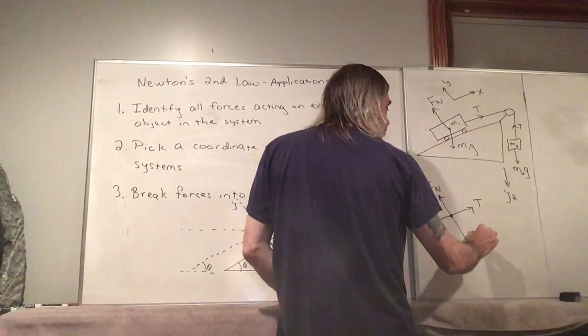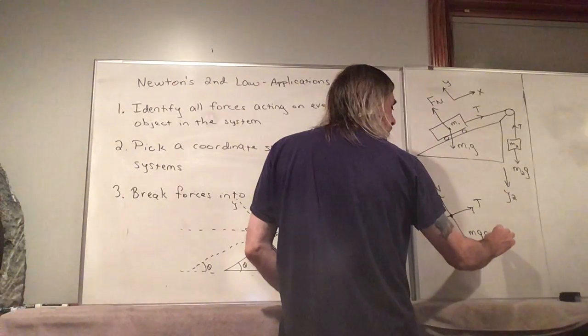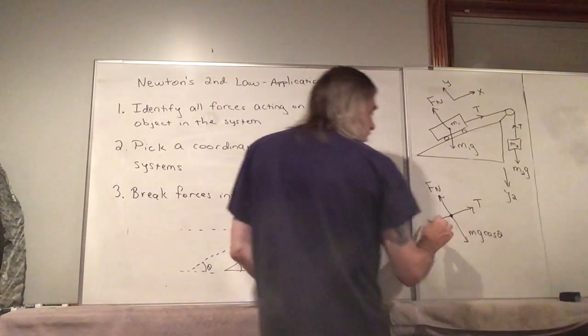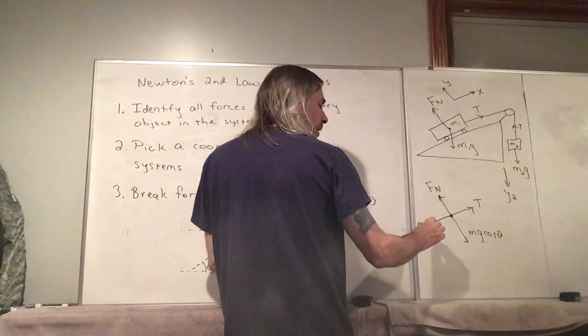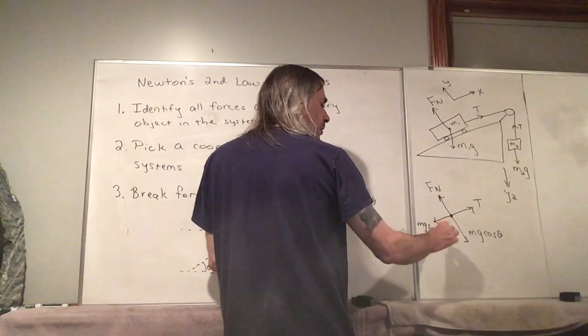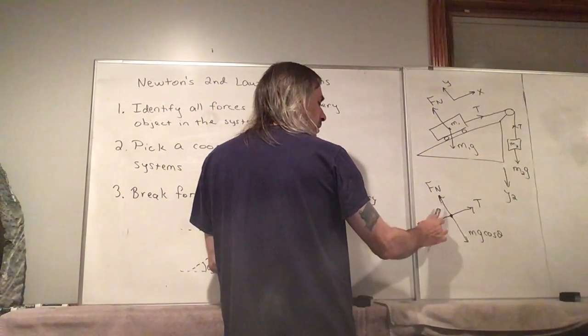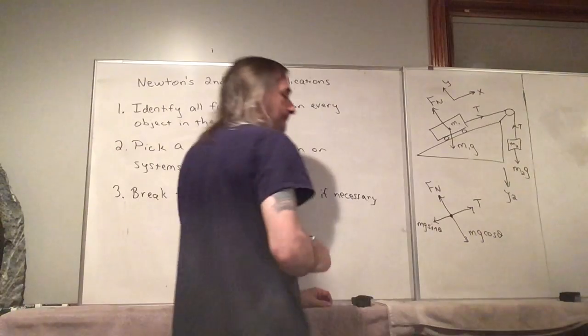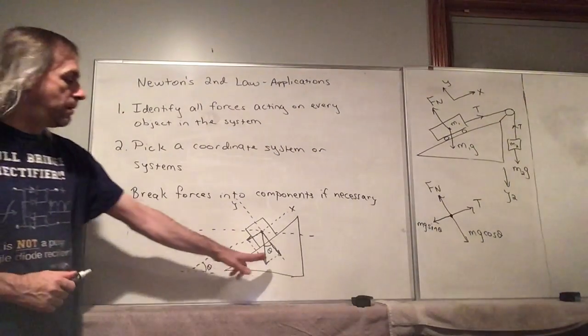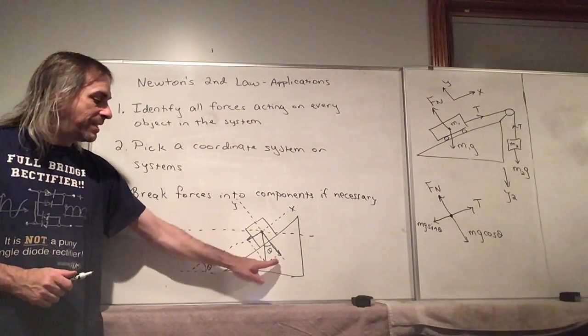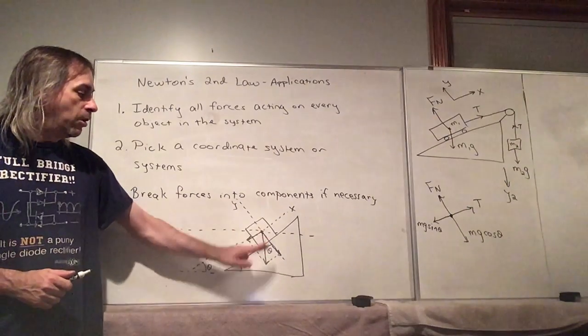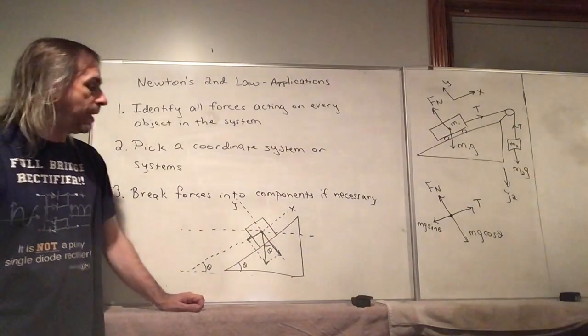So this is mg cosine theta. And the other one is mg sine theta. Like in the x direction, this is opposite the angle, and so we use sine for that one.